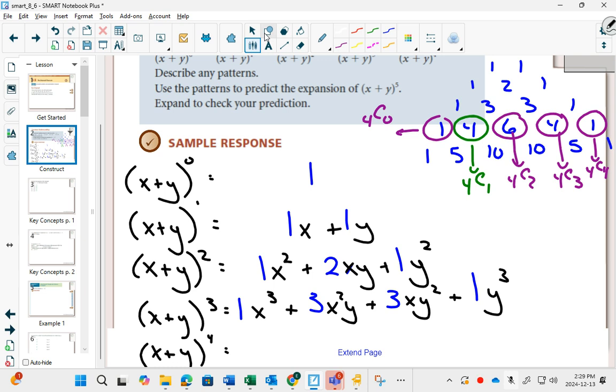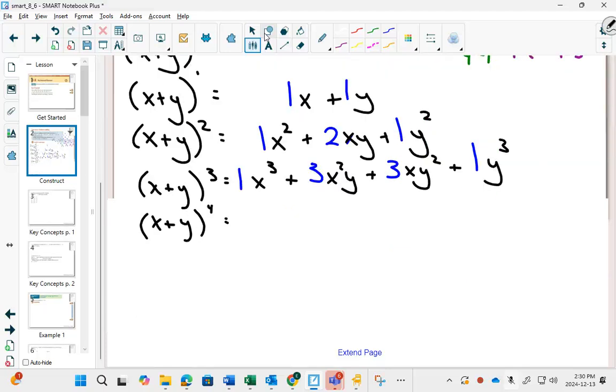There is a pattern happening with the numbers out in front. Some of you, I saw by the noises you made, you saw it. And there's also a pattern that's happening with the exponents. Can you figure out the pattern to write the next one out without actually having to multiply it all the way out?